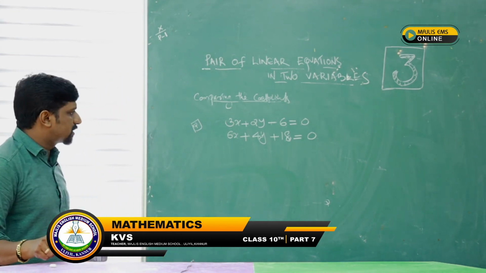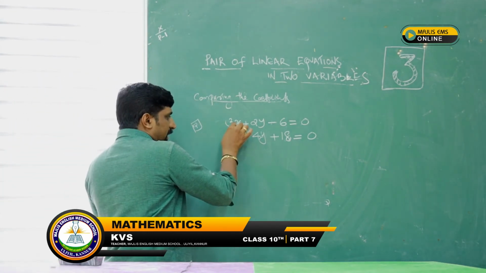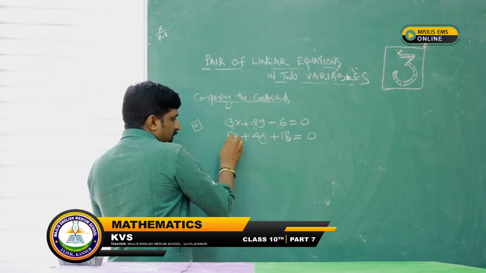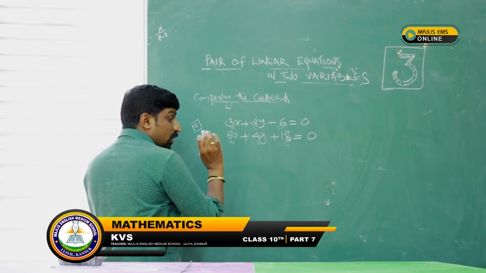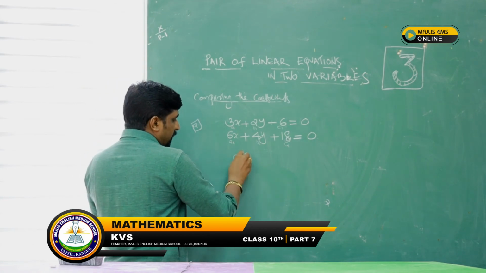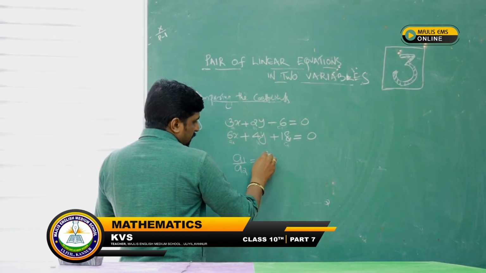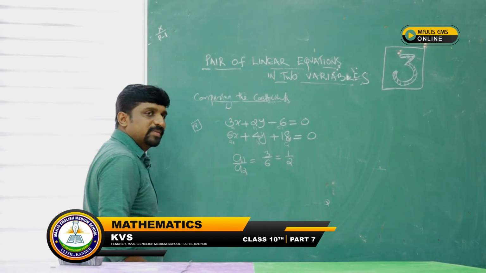Just consider these two equations. I can write directly here: this is a1, b1, c1 and this is a2, b2, c2, only the real numbers. First we find a1 by a2, which is 3 by 6. After simplification we got 1 by 2.